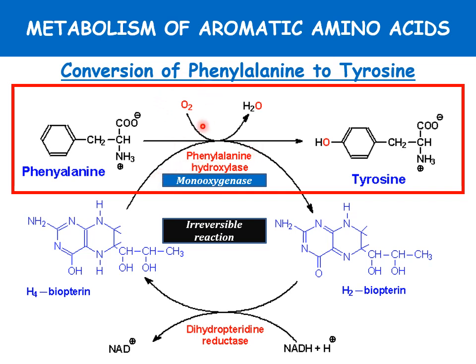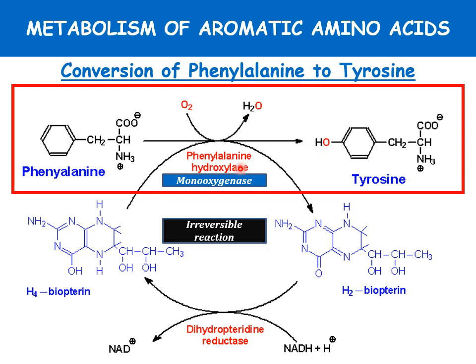That means O2 is added, in which one oxygen is added to the phenylalanine and the second oxygen is removed as H2O. Here, when phenylalanine is converted into tyrosine, it requires tetrahydrobiopterin and it gets converted into dihydrobiopterin. This reaction is an irreversible reaction.